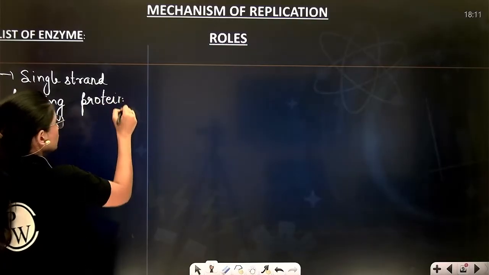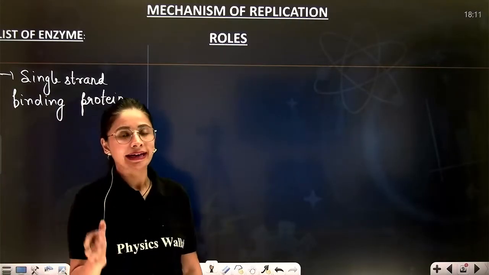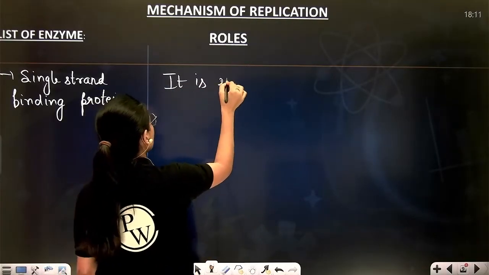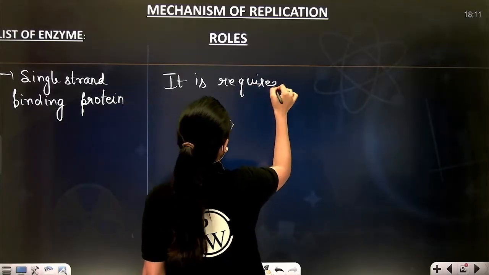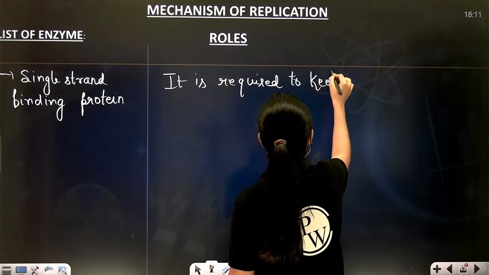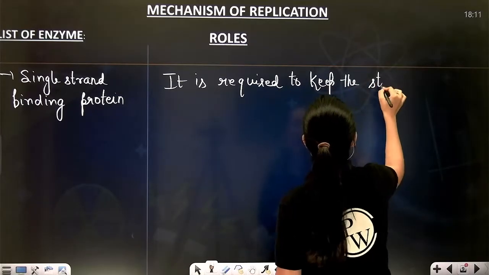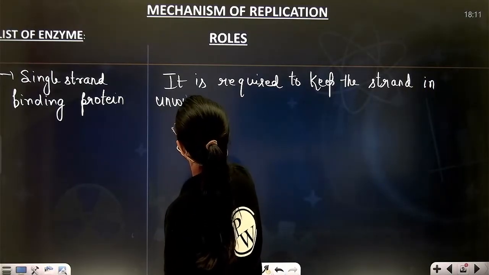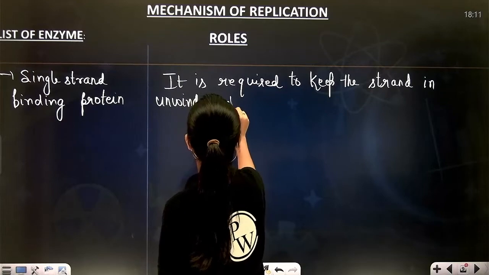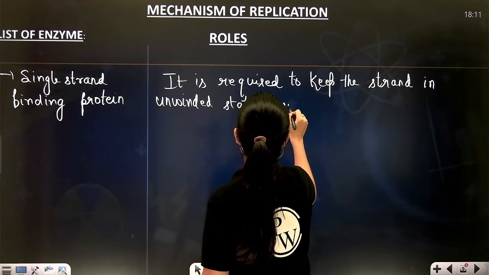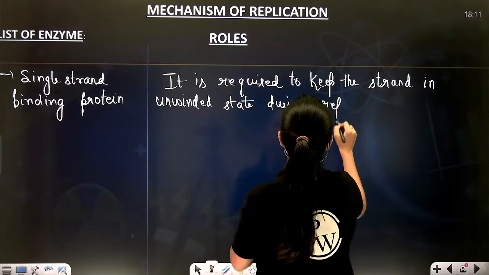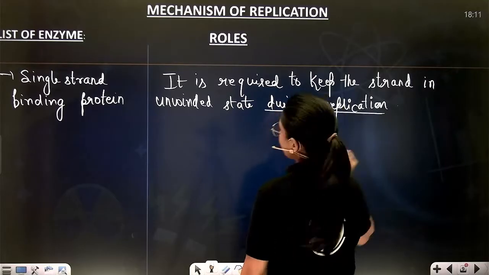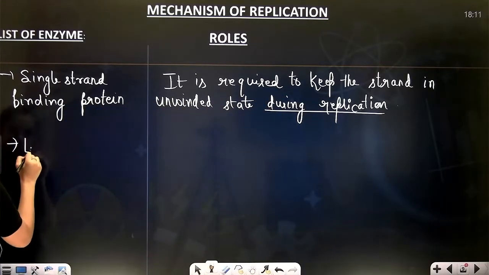This is required to keep the strand in unwound state during the time of replication. Correct? Next enzyme required is ligase.